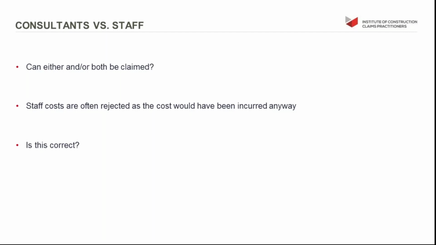What's the loss? What's the additional expense? And so there's an extra reason there for contract administrators to reject claims that use staff costs, even if they haven't rejected the claim preparation costs as a head of claim anyway. So let's first look at staff costs and whether or not they can be reclaimed.